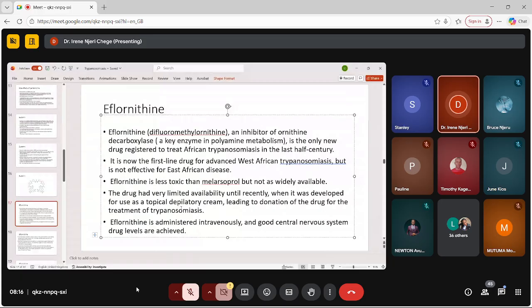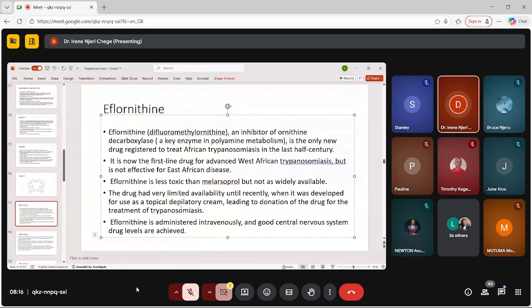We've also said that eflornithine is for early and late stage disease, but to improve the efficacy and reduce the amount of time used for treatment for CNS disease, you combine eflornithine with a 10-day course of nifurtimox, which is another drug. The efficacy against West African trypanosomiasis is similar to a 14-day regimen of eflornithine alone.